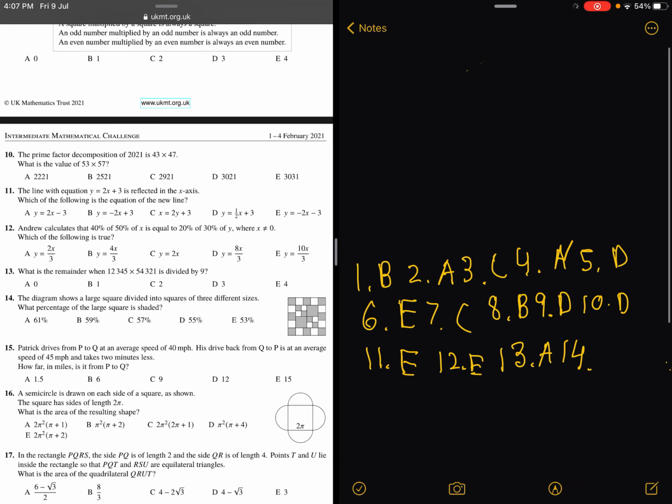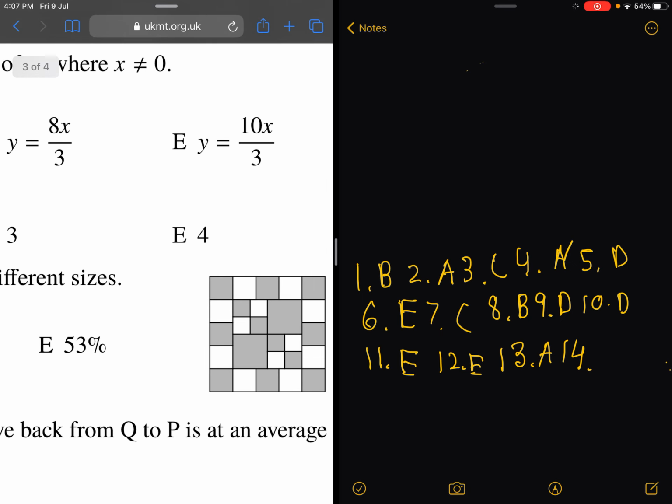When we look at this image and make it a bit bigger, we can see that 3 of the medium-sized squares is equal to the length of 2 of the large squares.